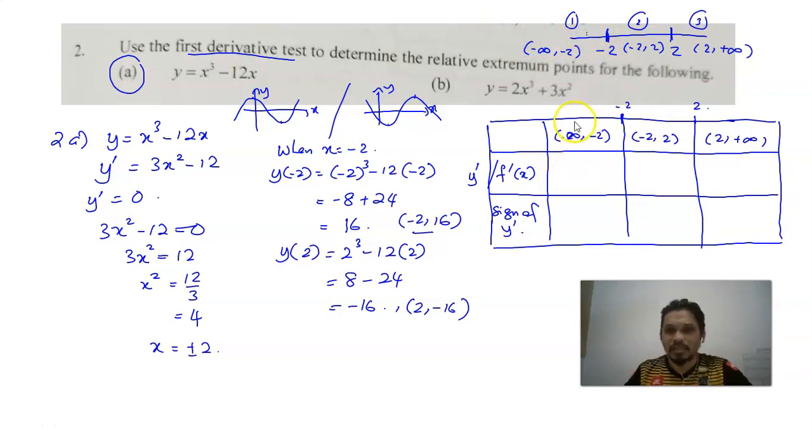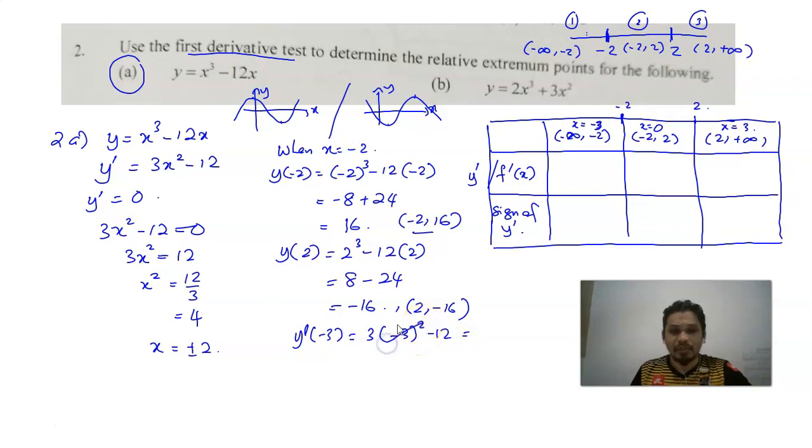Then to make our life easier, I choose x equal to 0, and here x equal to 3. So let's come up with y prime. y prime at x equal to negative 3: 3 times negative 3 squared minus 12.